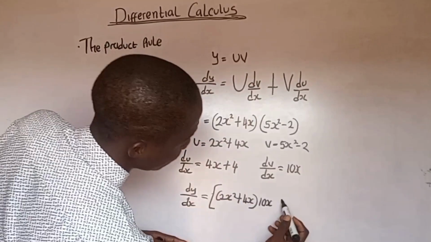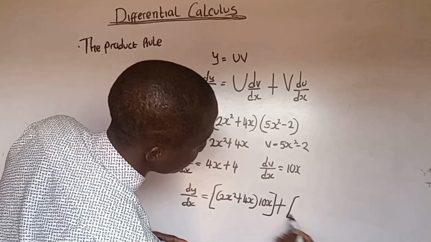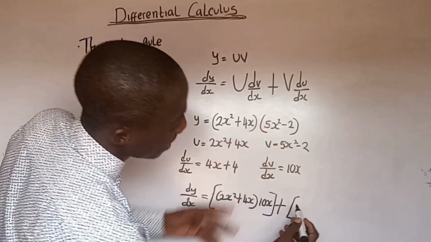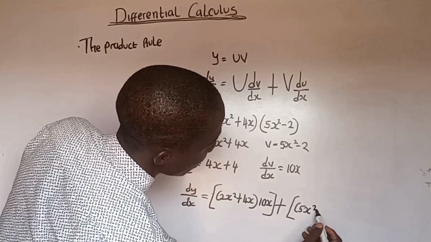This addition sign, plus, close this bracket. Now, plus v. What's my v? The v is 5x squared minus 2.